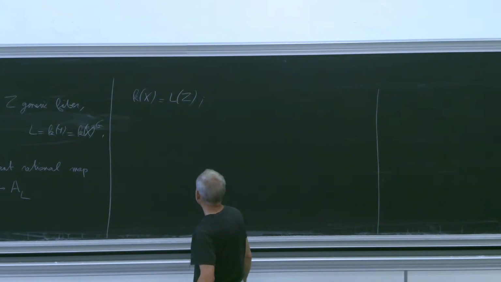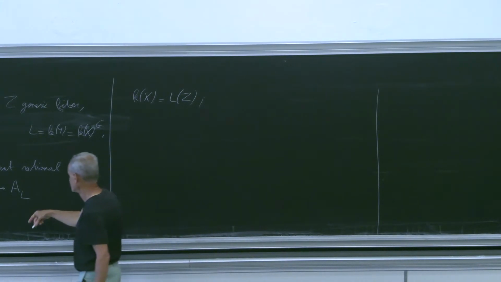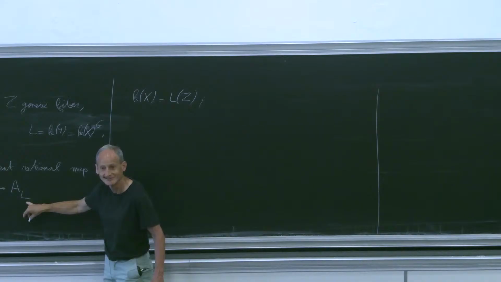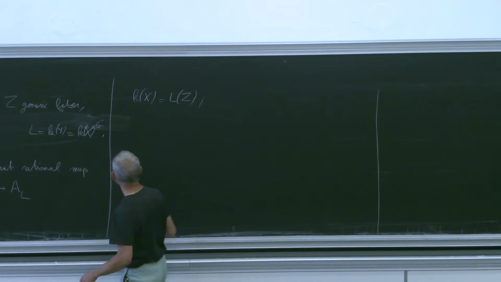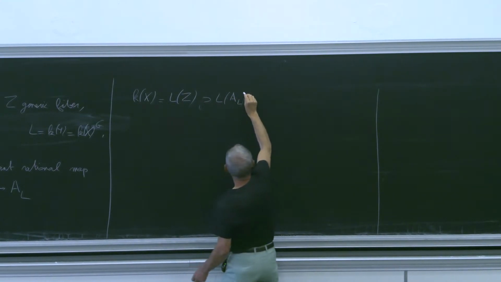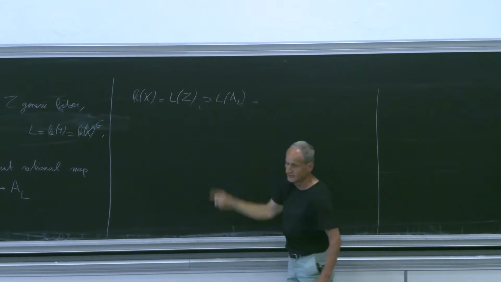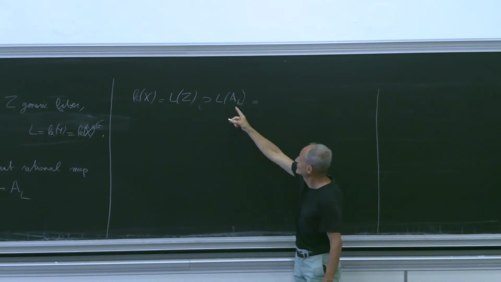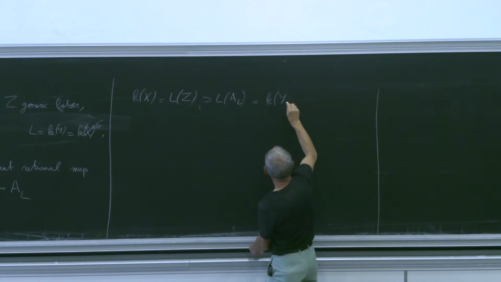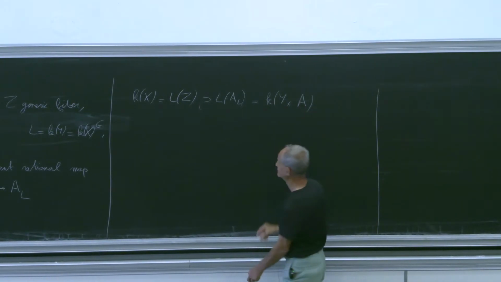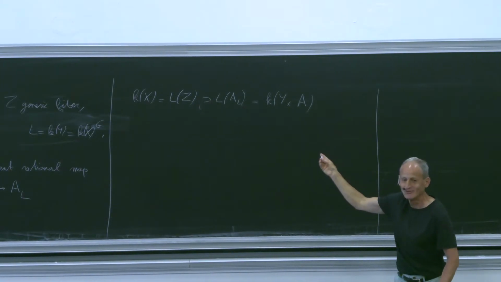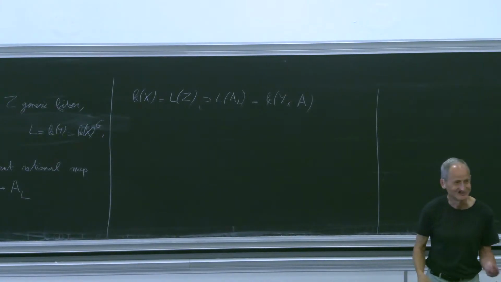And then, as an L-field, L(Z) contains L(A_L) by the inverse homomorphism of this. But if you think about this, L(A_L) is K(Y) base change of A to K(Y), so this is just K(Y) times A. Okay, if you're not happy with this, you just think about it. I think it's a small trick.